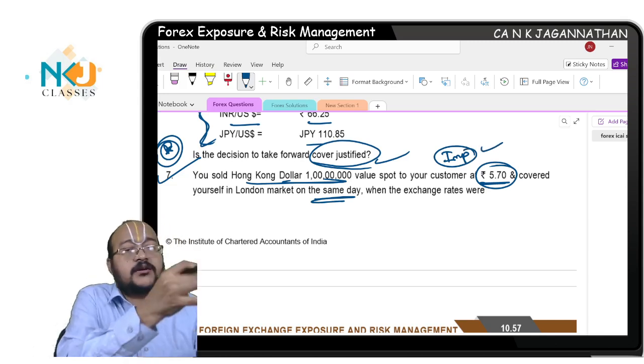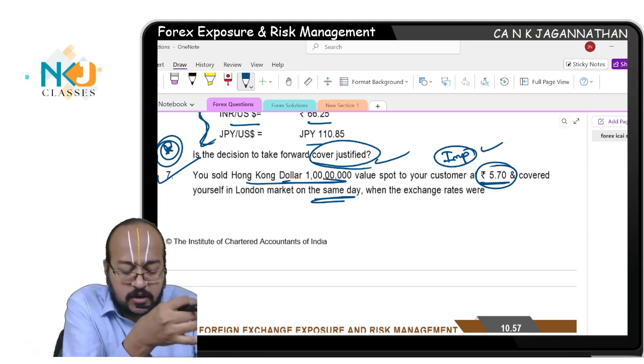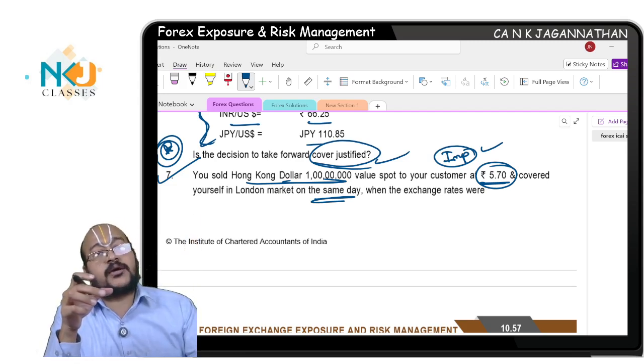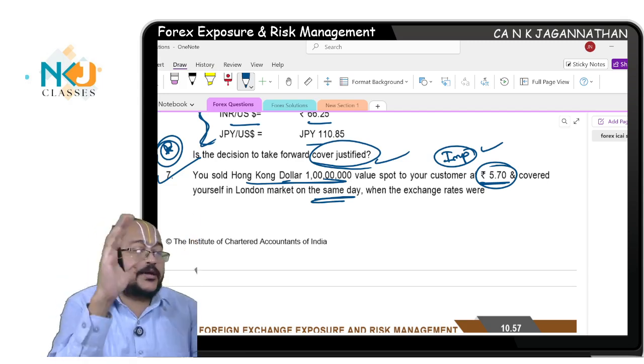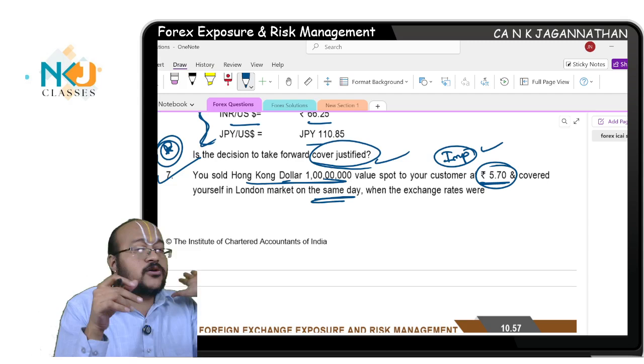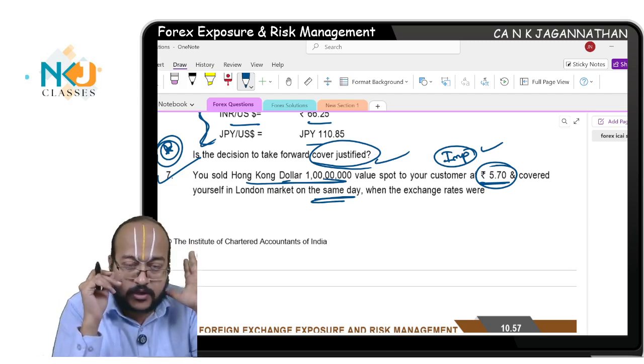He would be having foreign currency payable, Hong Kong dollar payable in the future, right? What will he do? He will buy the Hong Kong dollar from the dealer and make the payment. Which means the dealer will sell the foreign currency to the import customer.